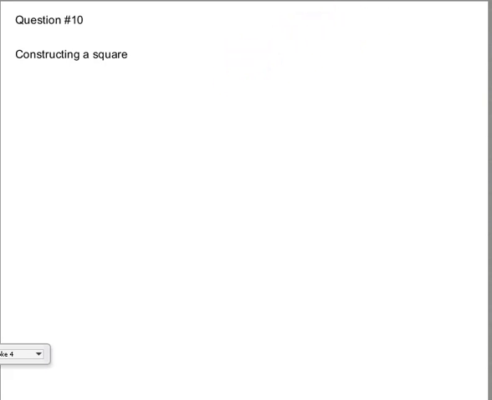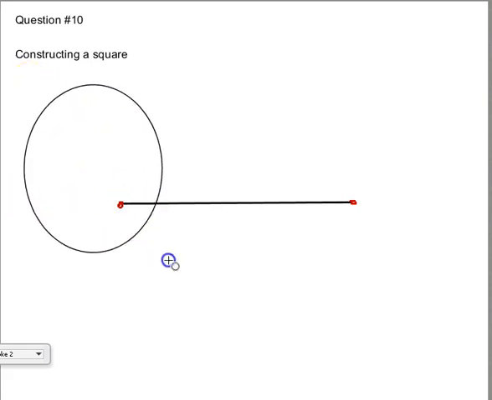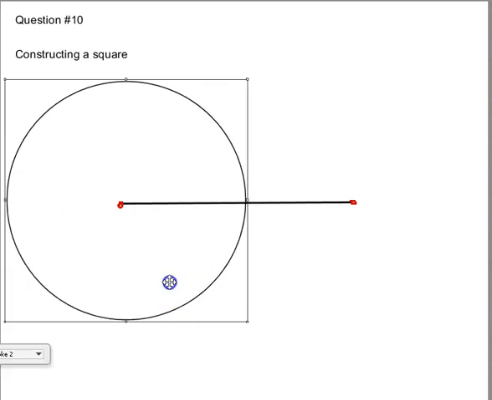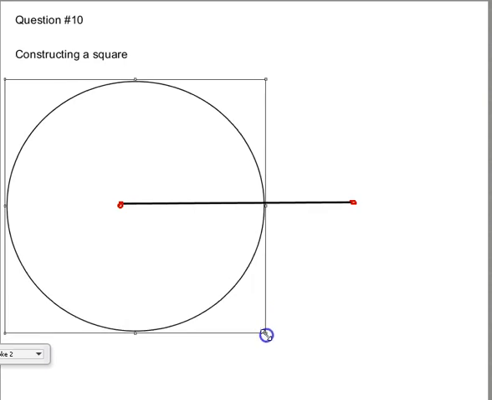You need to know how to construct a square, so make sure you know how to do that. Of course, you'll start with your line segment with 2 endpoints, like so. Then just like normal, you would construct a perpendicular bisector. This time, let's be specific and make the radius of the compass the same.